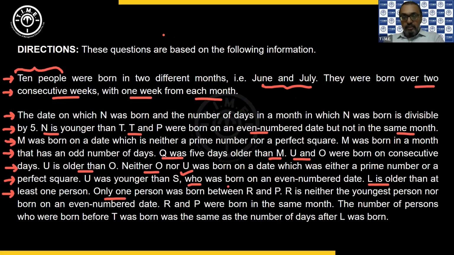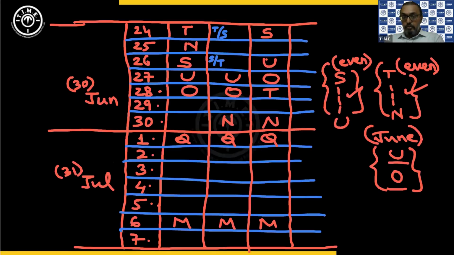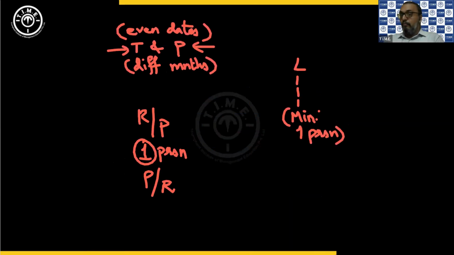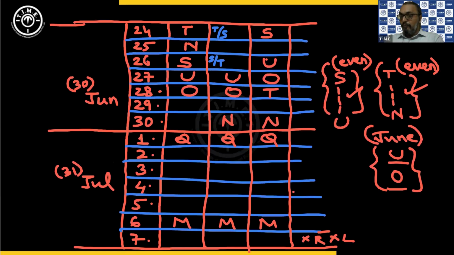Okay. And further, he says R is neither the youngest person nor born on an even numbered date. Okay. R is not the youngest. You cannot have it in the 7th of July because that is the youngest. Now we know L also cannot be the youngest because minimum 1% should be there below L. So R and L is ruled out there.